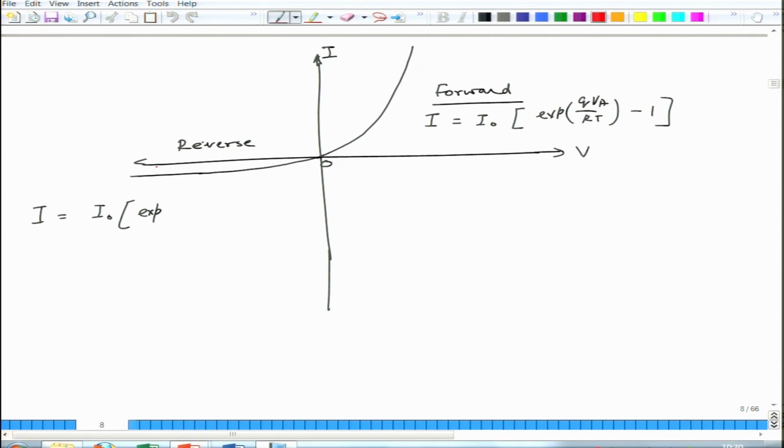The saturation current is nothing but I naught, which is essentially the reverse current that you get, which is nearly very small. So diode basically acts like a switch. In the reverse bias it has zero current, in the forward bias it has very high current.